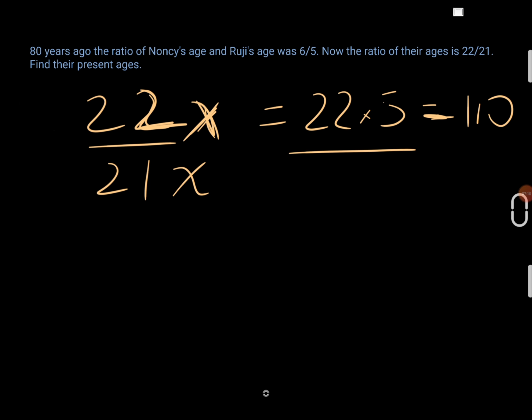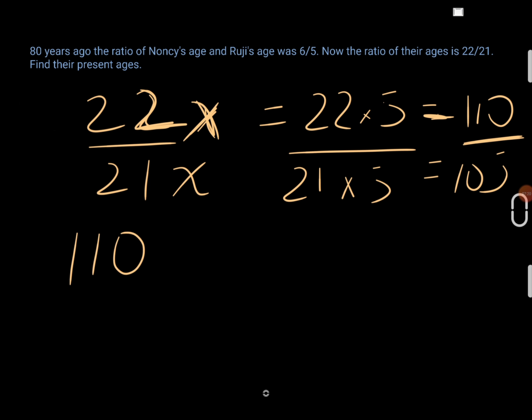And what is 21 into x? 21 into 5, and that will be 105. Oh man, they are pretty old. So Nancy is 110 years old and Roji is 105 years old.